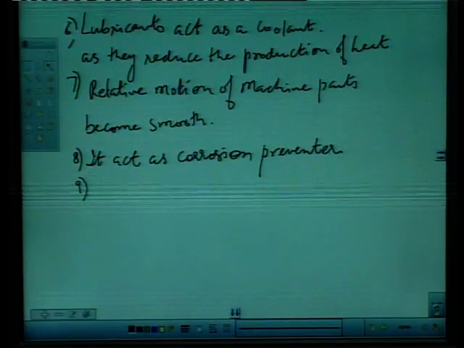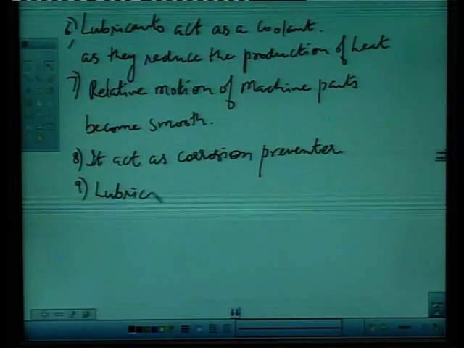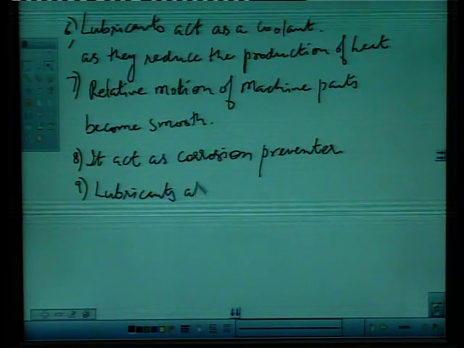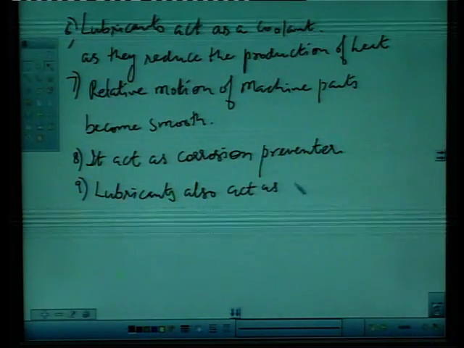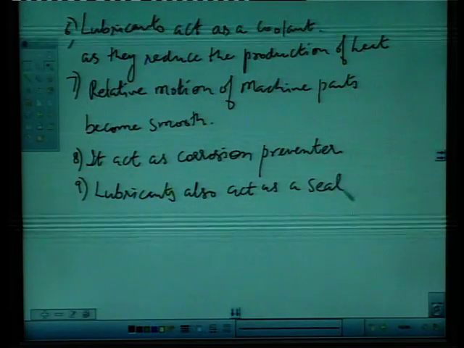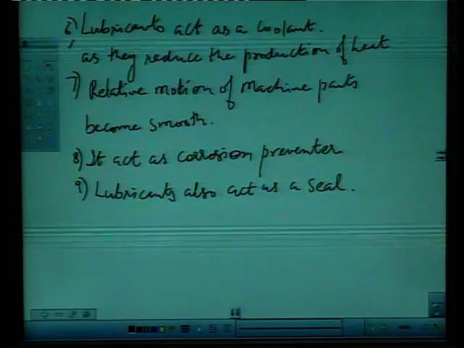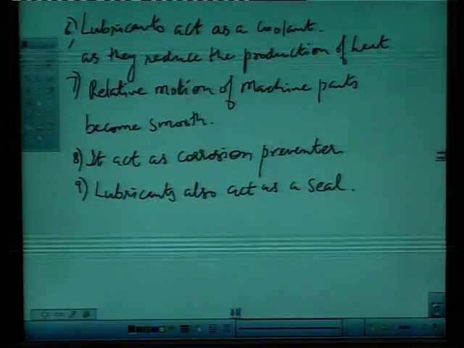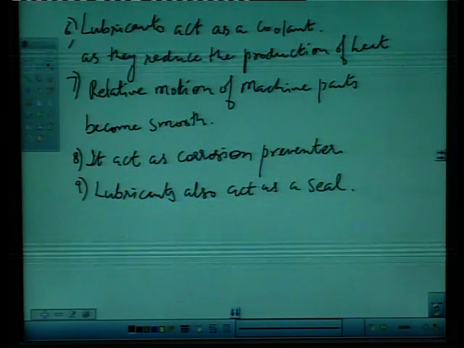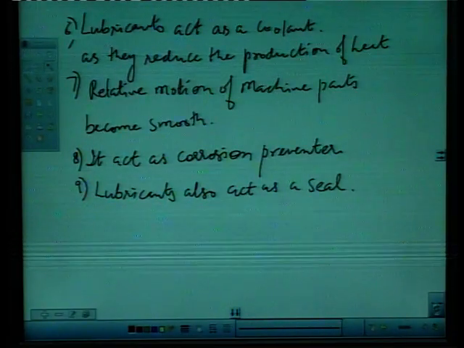Lubricants also act as a seal. For example, the lubricant used between the piston and the walls of the container prevents the leakage of hot gases produced by the internal combustion engine.